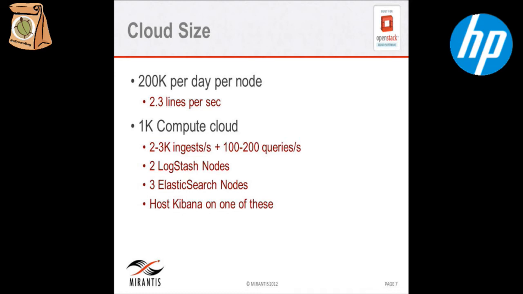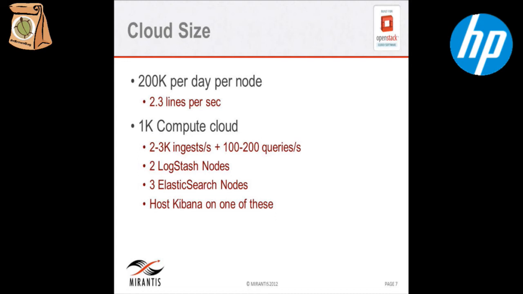Our rough ballpark, and by the way, this varies greatly across the cloud, so you need to do this for your own cloud, is that you probably need roughly about 200K log lines per day per physical host, or 2.3 lines per second. So for a 1,000 host compute cloud, that comes to about 3K, with some spare headroom, worth of log line ingest per second.